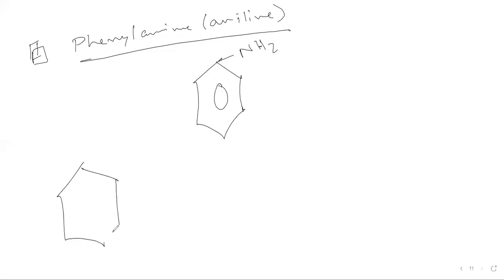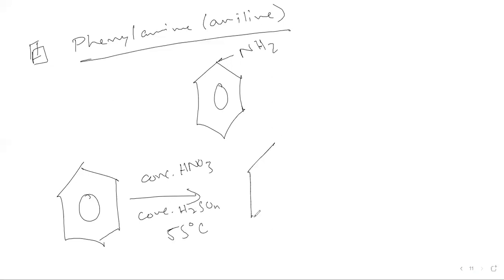Let's get back to how it is formed. This was benzene. Initially, when we added HNO3, nitration of benzene happens, with concentrated H2SO4 at 55 degrees centigrade. So do remember the conditions for each of the cases, because they tend to ask you questions to fill in the conditions.